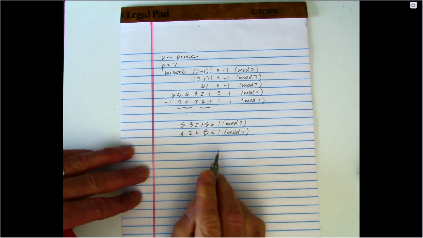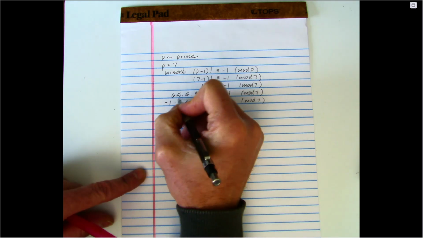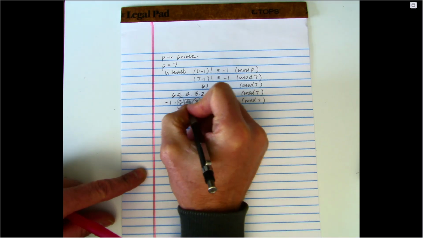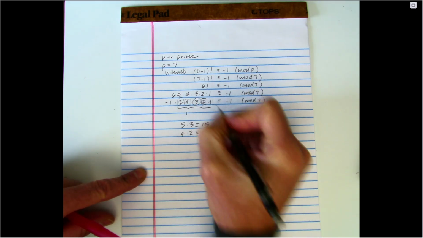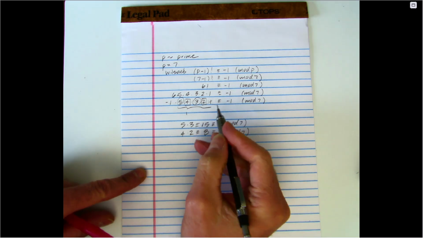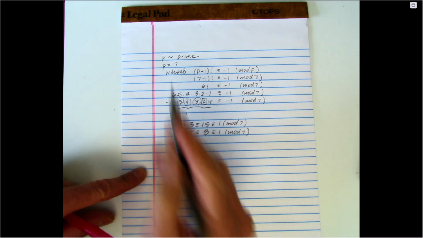And so we can see that the numbers pair up, these two circled numbers and these two boxed numbers, to make a 1 in the factorial argument, leaving just the 1 on the end and the 6 on the front. And the 6 on the front, of course, is equal to p minus 1.